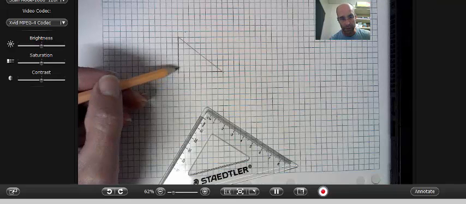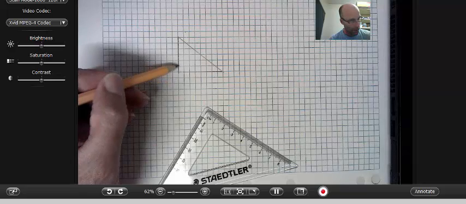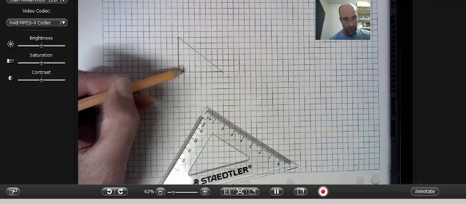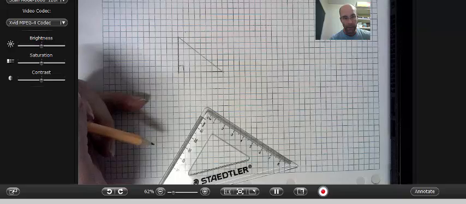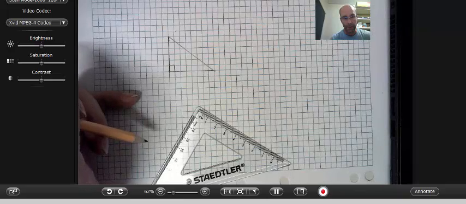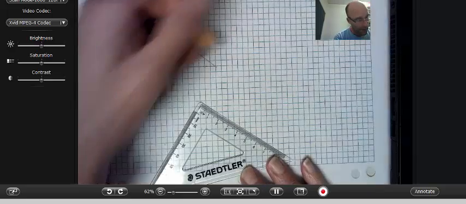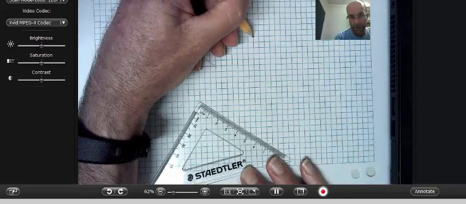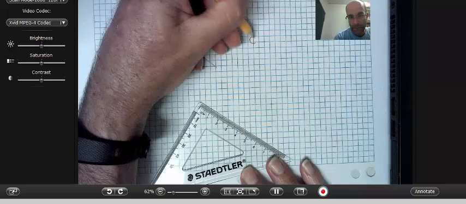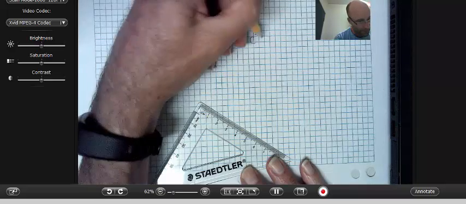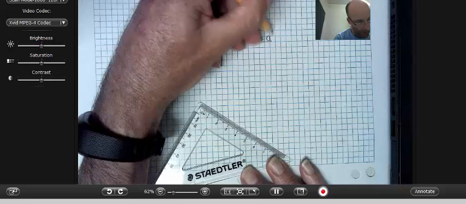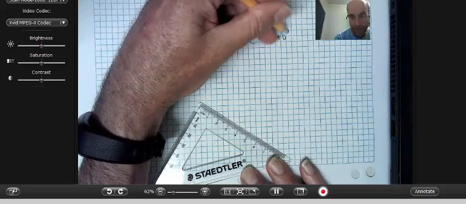So you can see that I've drawn a little right angle triangle here. The right angle is shown there, and we need to know where Pythagoras' theorem comes from. Pythagoras' theorem is c squared equals a squared plus b squared.